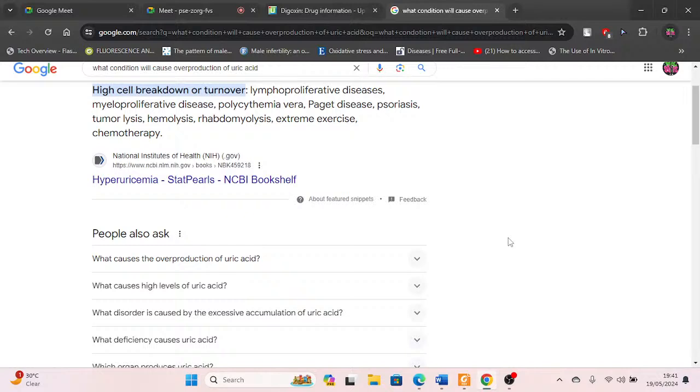So this is just a little epidemiology. Gout predominantly affects men. It affects men more than women, and the ratio is about 3.6 to 1, so let me make it approximately 4 to 1. Men are more exposed, but of late, the way women are chasing men in terms of alcohol and meat, it is becoming equal.